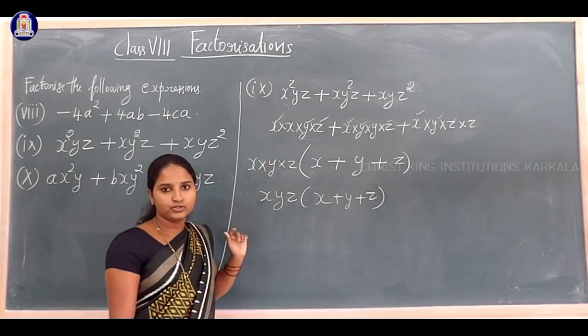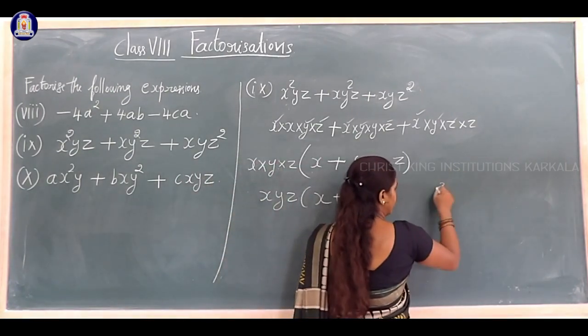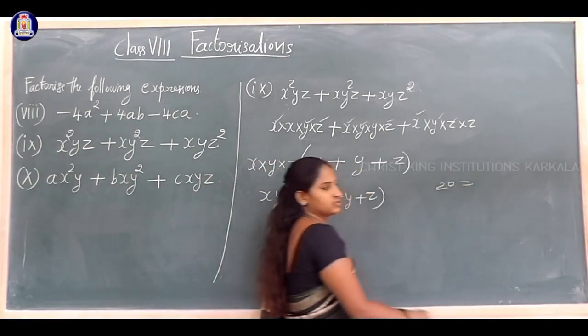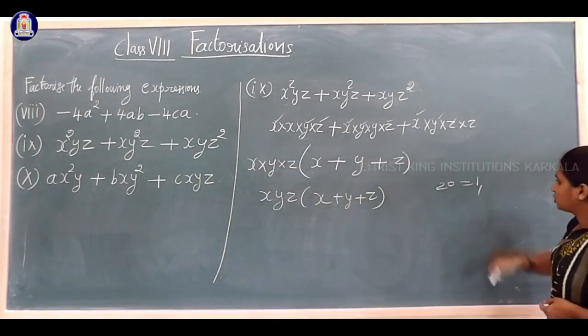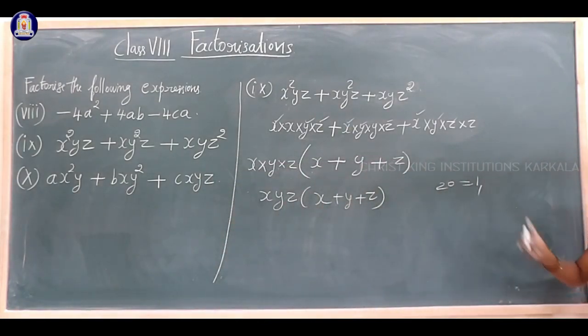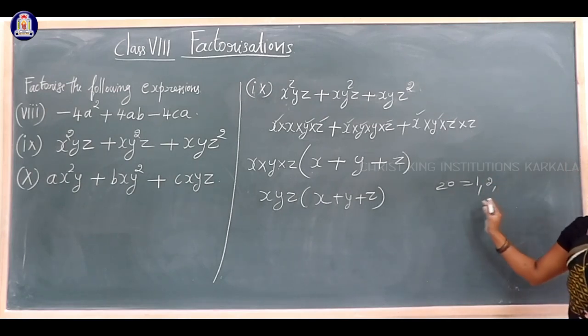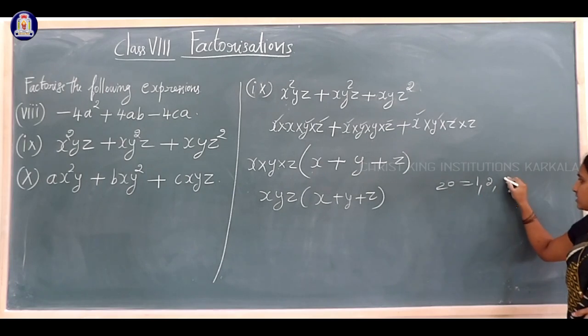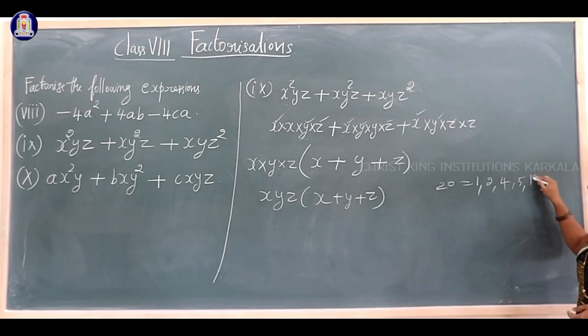Clear? If they ask to write the factors of 20, you write directly, isn't it? Factors means factors of 20, how will you write? Which table divides completely? 1 divides, next 2 divides 20 completely, next we can see 4 divides, 5, next 10, next directly 20. Is it correct? So these are the factors.